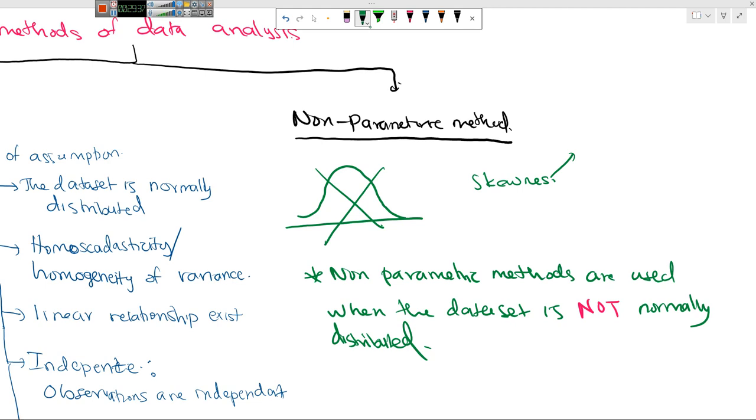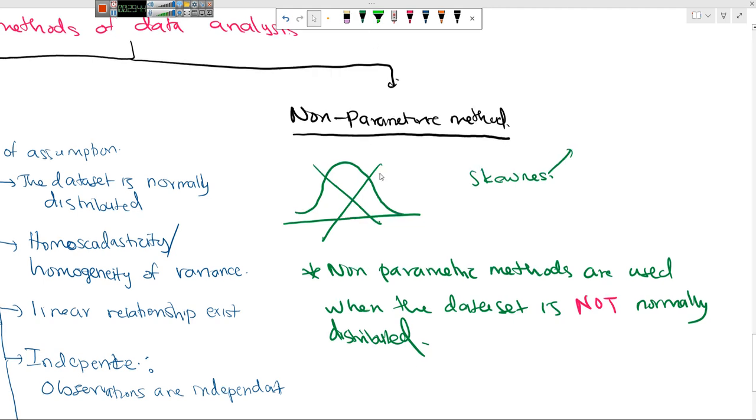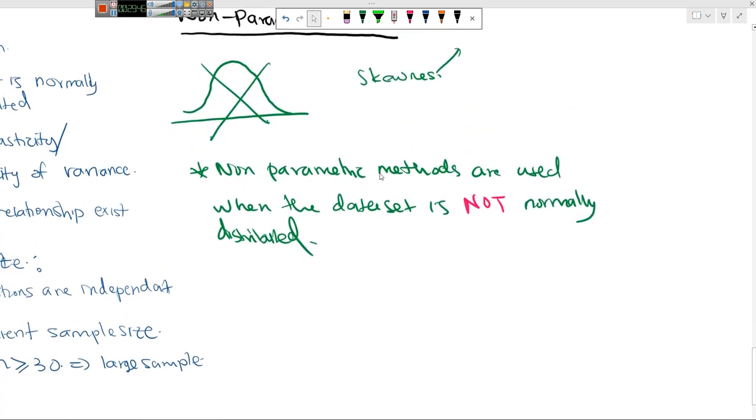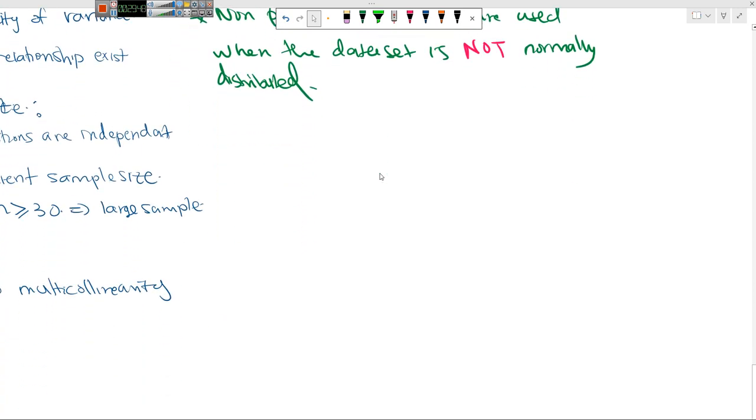Right. Now if the data set is not normally distributed, then we can call it skewed, right? So for skewed data we can apply non-parametric methods. So what is skewed data?